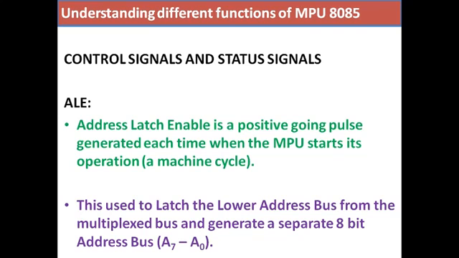But after that, the lower order address bus can be used as data bus, which can be used to get information from memory to the microprocessor, or from the microprocessor to memory or IO.